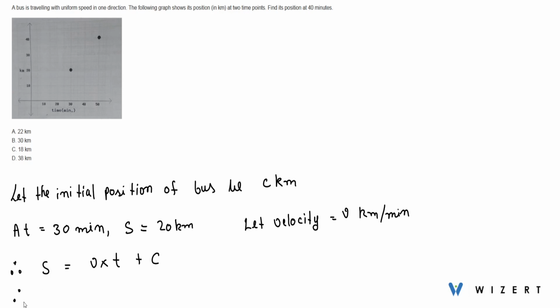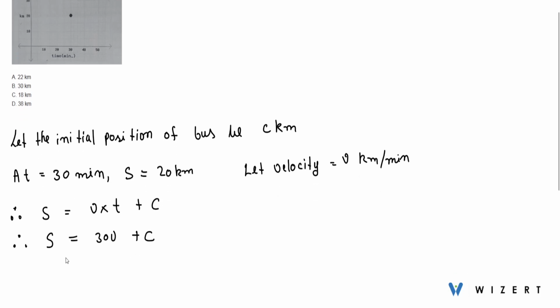So distance will be equals 30 multiplied by v plus c. But distance is given as 20 kilometers, so 20 equals 30v plus c. So this is our equation number 1.